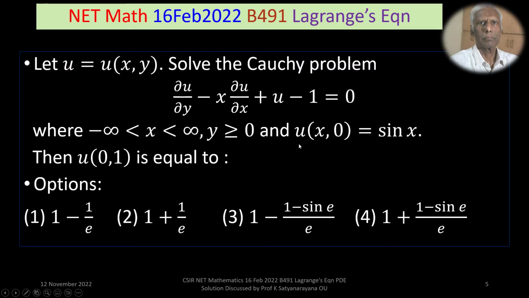And it is further given u at x comma 0 is equal to sin x is the initial condition. Then we have to find u at 0 comma 1 from the following 4 options.